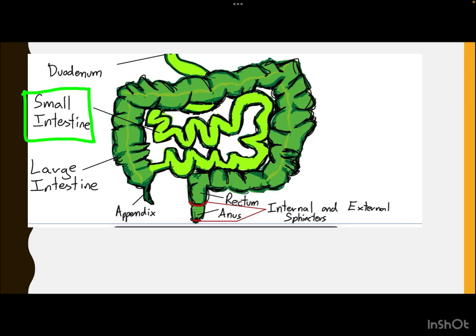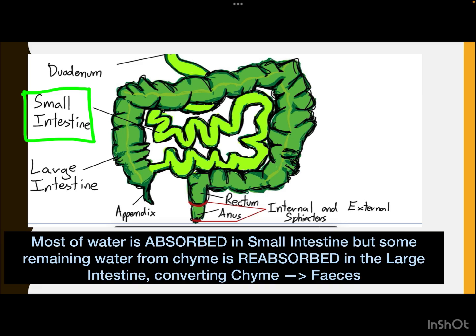Also to note, most of the water will be absorbed in the small intestine, although the large intestine will reabsorb some of the water too. So you might be wondering, if the water is absorbed in the small intestine, why does the large intestine have to reabsorb the water? Well, the job of the large intestine is more like a water recycler.